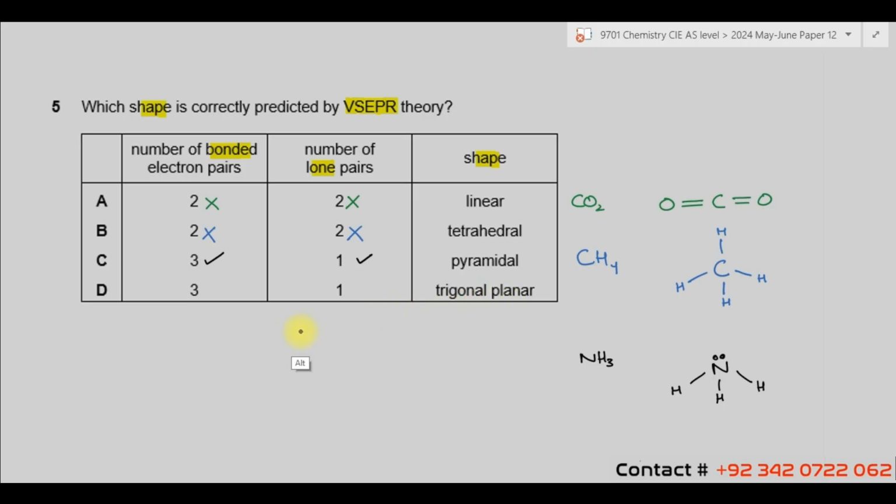For this one, we can take example of BF3. Boron makes 3 bonds with 3 fluorine atoms. Boron is present in third group of the periodic table, so it has only 3 electrons in the outermost shell. All of them are involved in bonding. 3 bond pairs, 0 lone pairs. So C is the correct answer.